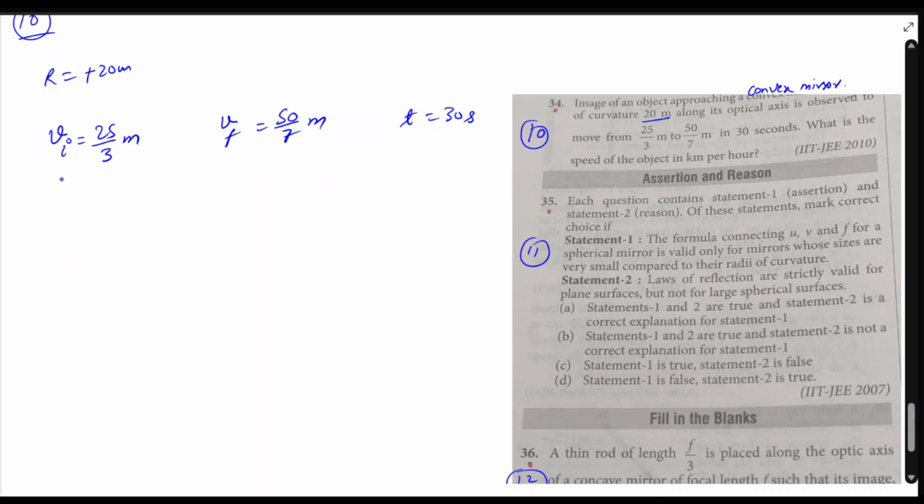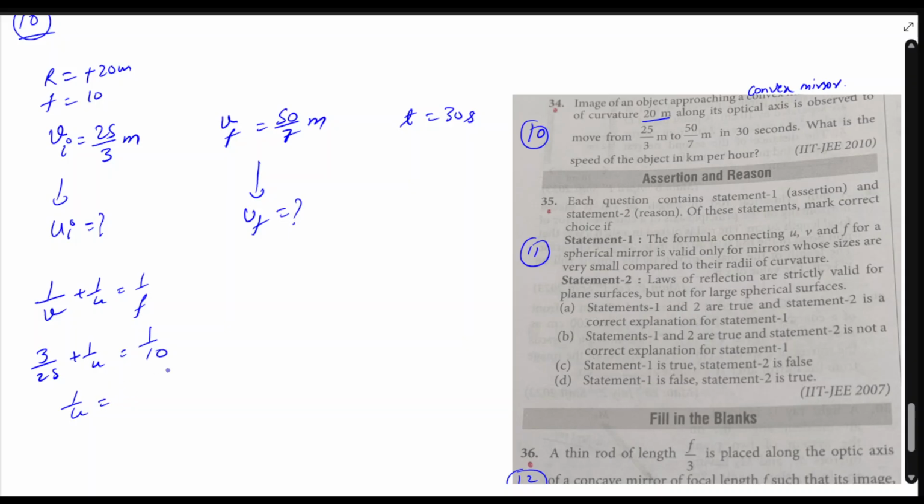So this is quite easy. With this information we can find u initial, and with this information we can find u final, right? So let's use the mirror formula. 1 by v plus 1 by u equals 1 by f. So it will be 3 by 25 plus 1 by u equals, so f will be 10, 1 by 10.